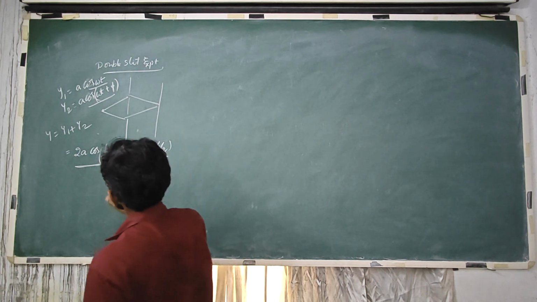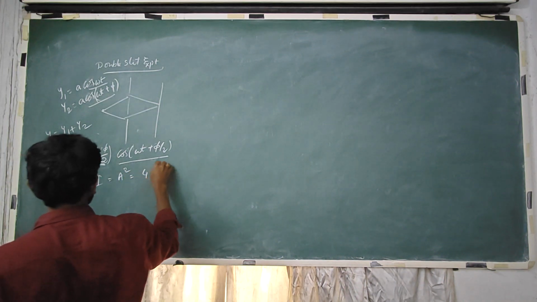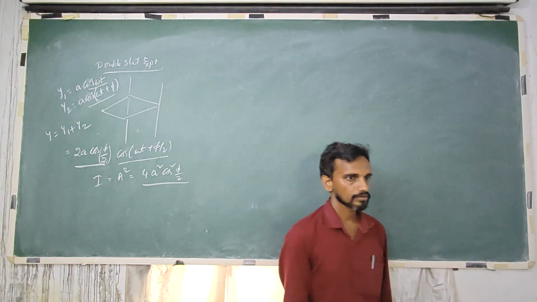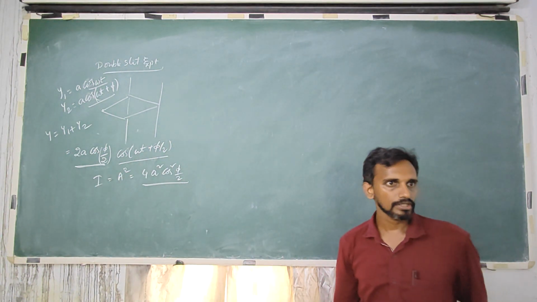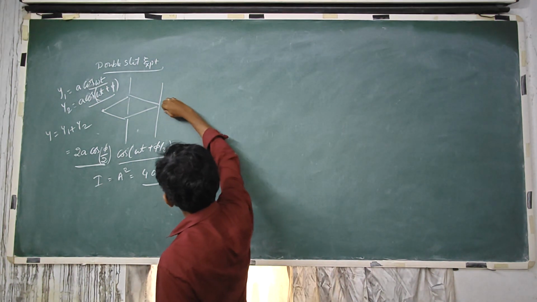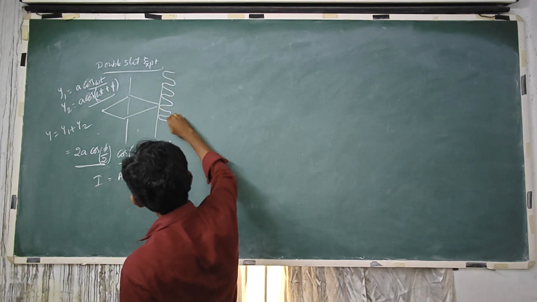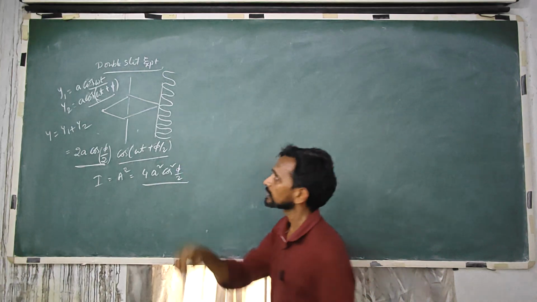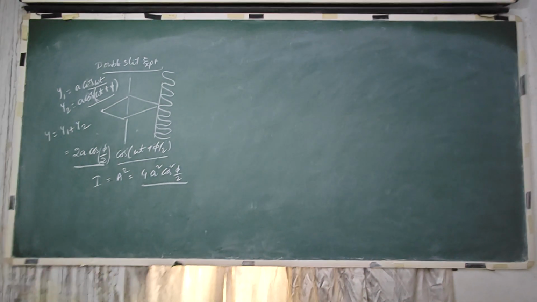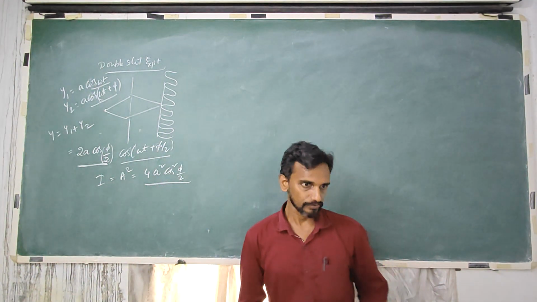So what you get? Intensity is the square of amplitude, which is 4a square cos square phi by 2. When you get the cos square term, you get a wave something like that. So you get 4a square cos square phi by 2.